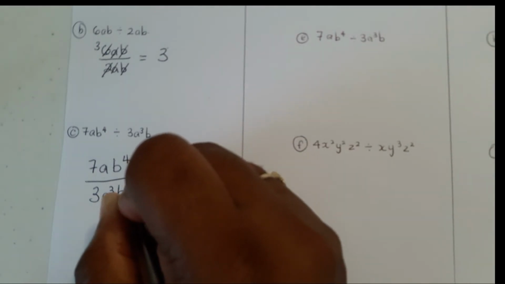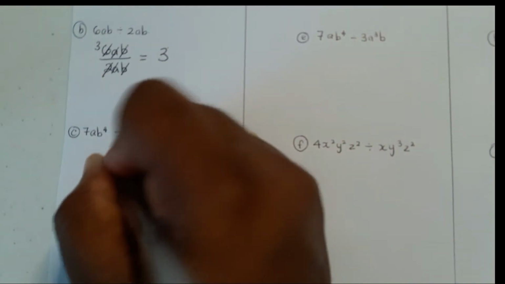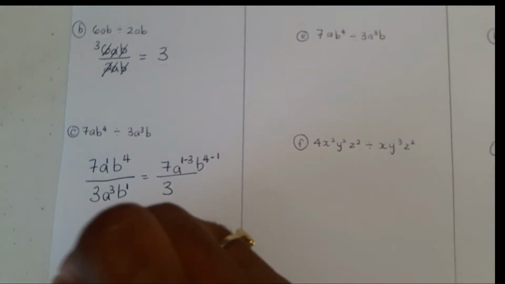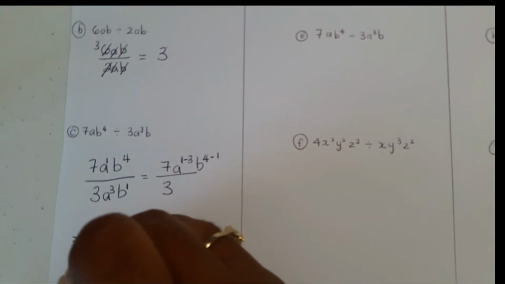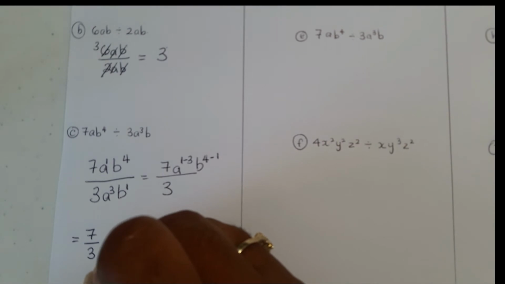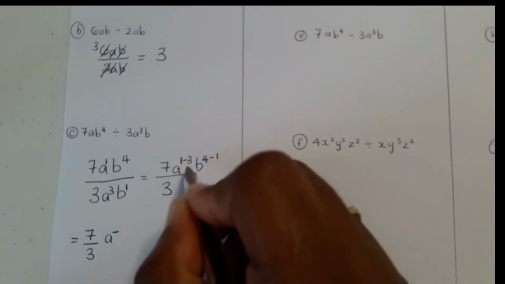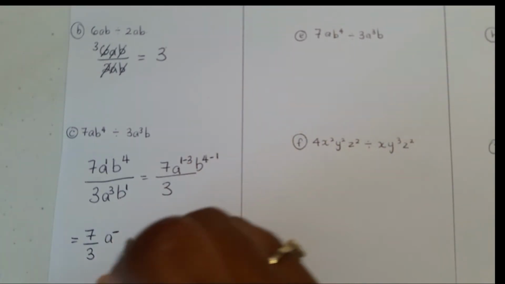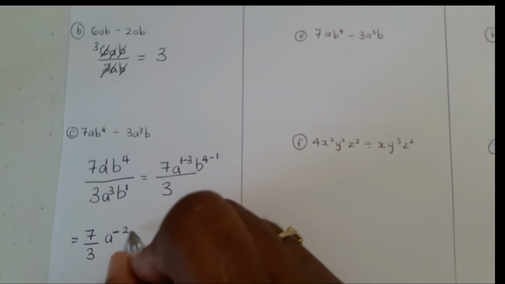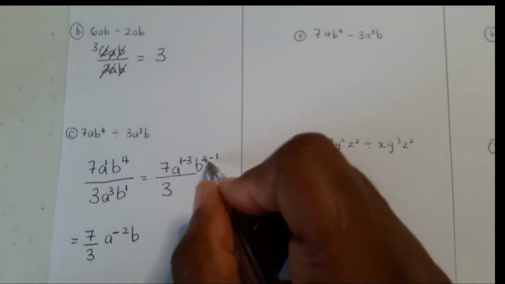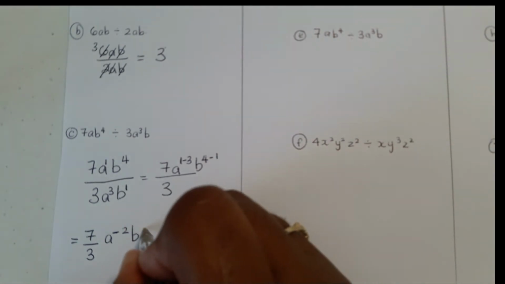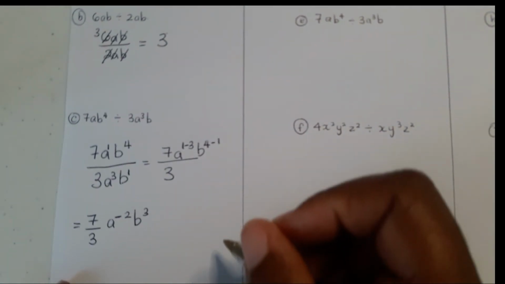So remember, this is a to the 1 here, and this would be b to the 1 here, right? And so you're going to have 7 over 3, a to the minus 2, b to the 3. Okay?